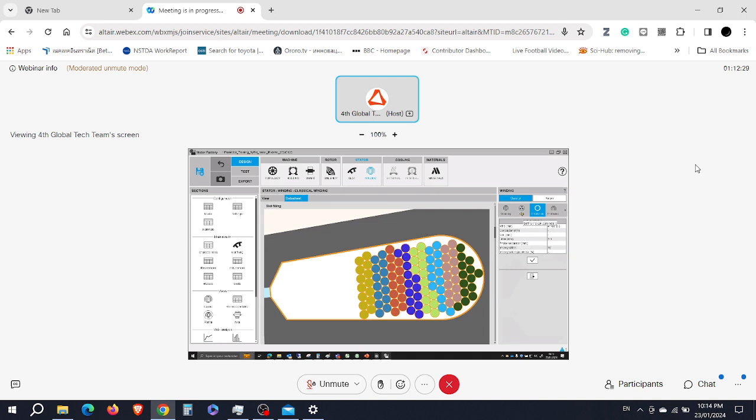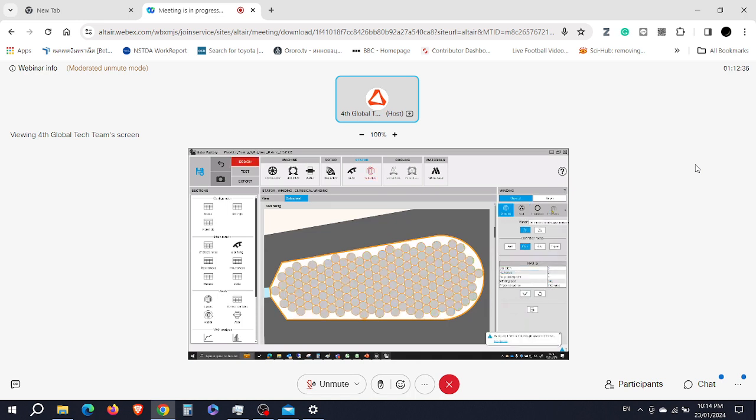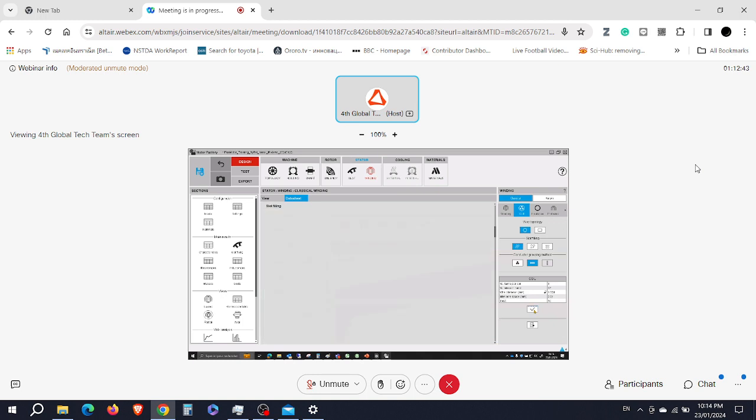If you have 2 layers in your winding, you can see it's not visible, so I have to reduce the number of wires in hand.